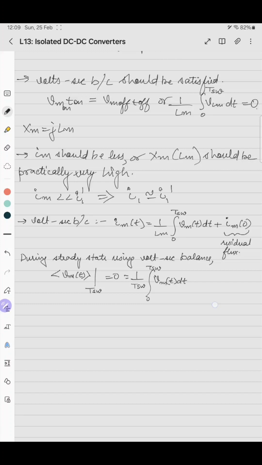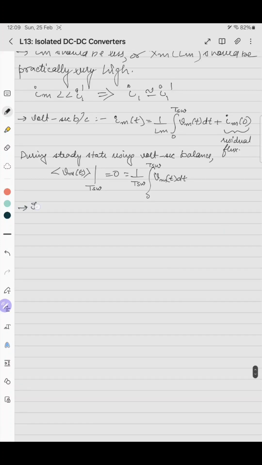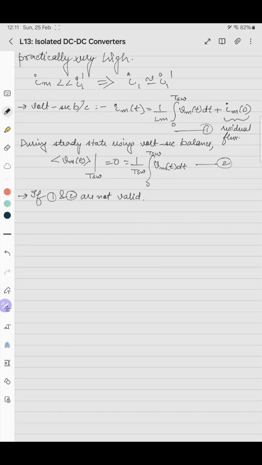If this is not valid, let's say this is equation number 2, this is equation number 1. If 1 and 2 are not valid, then what will happen is that Im of 0, for the start of each cycle, isn't the same.